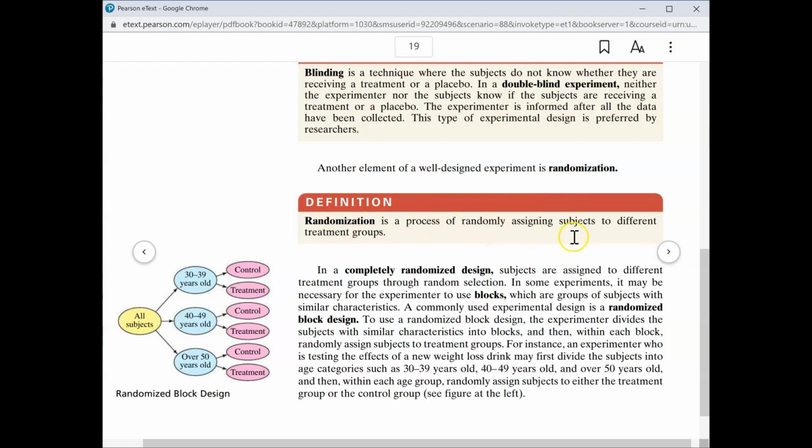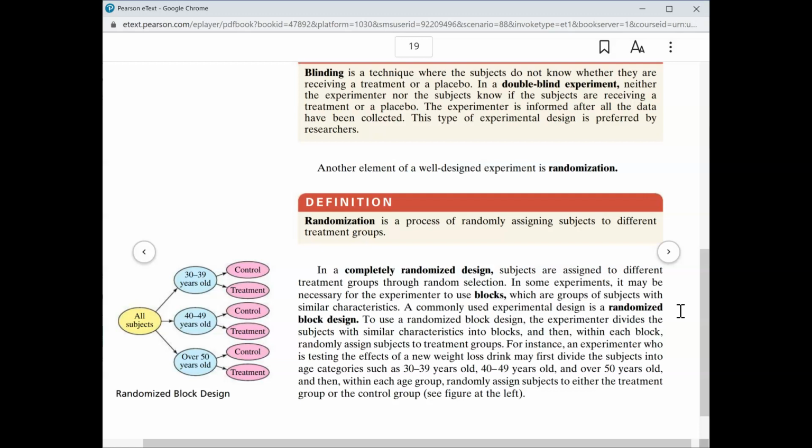Randomization is a process of randomly assigning subjects to different treatment groups. In a completely randomized design, subjects are assigned to different treatment groups through random selection. In some experiments, it may be necessary for the experimenter to use blocks, which are groups of subjects with similar characteristics. A commonly used experimental design is a randomized block design.